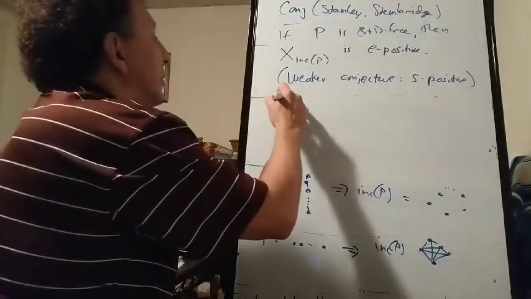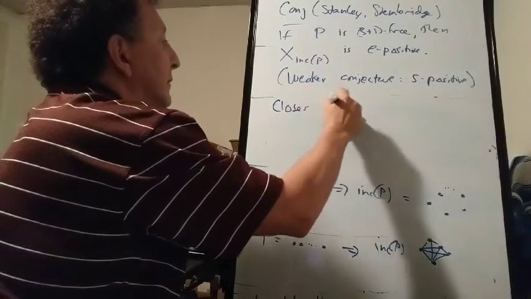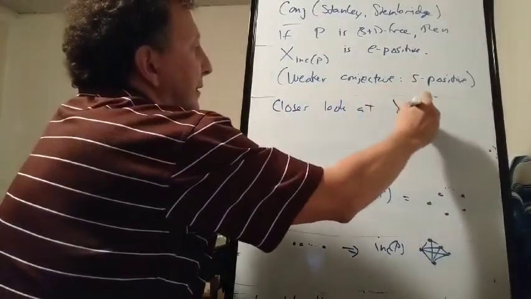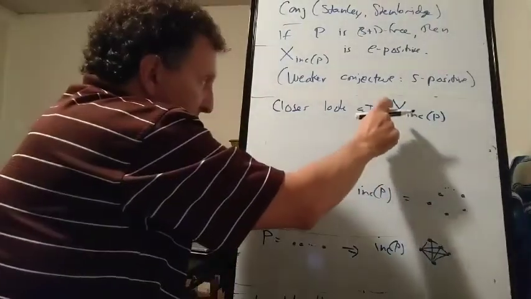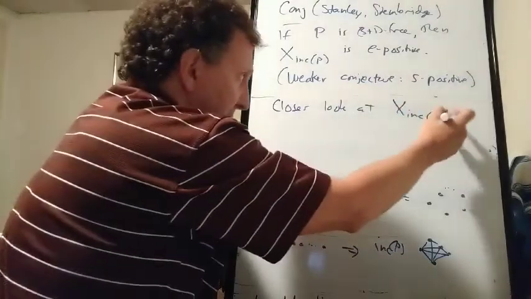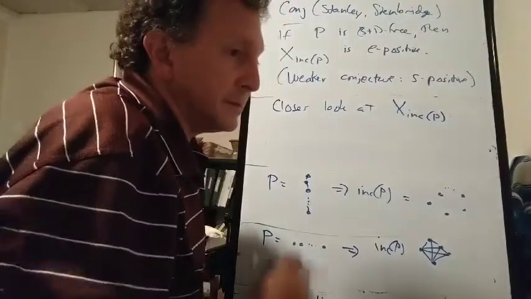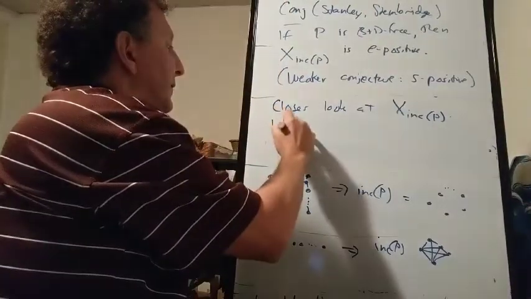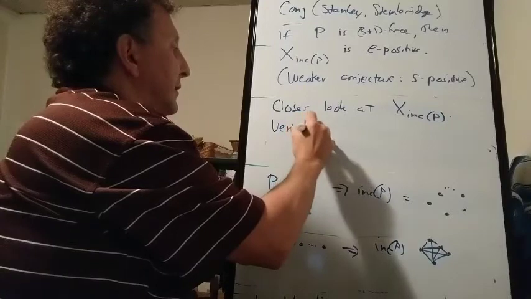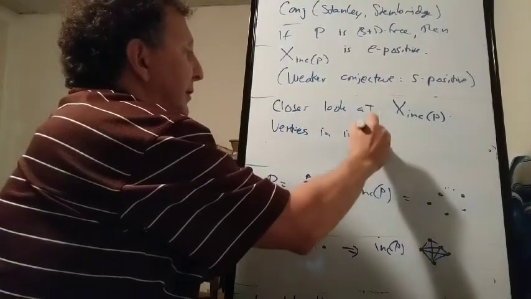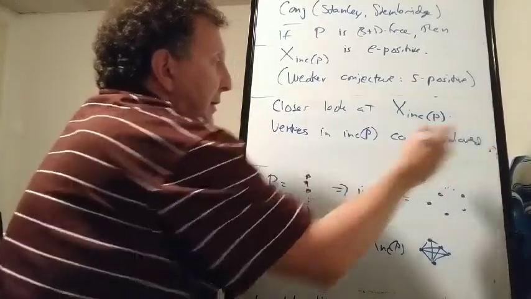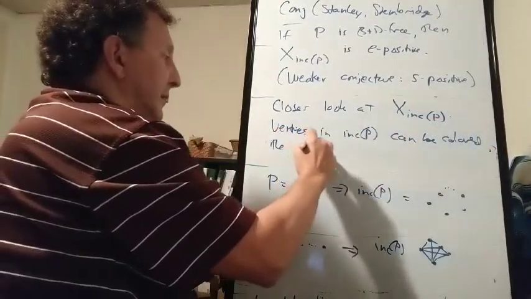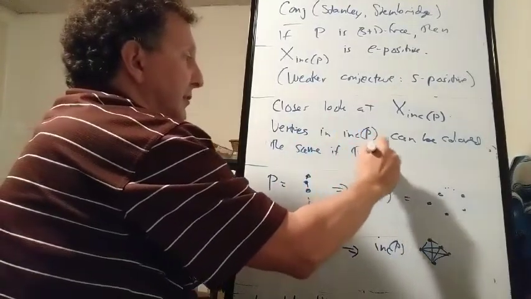Let's take a closer look at the chromatic symmetric function of the incomparability graphs of posets. The vertices in the incomparability graph can be colored the same if they're non-adjacent.